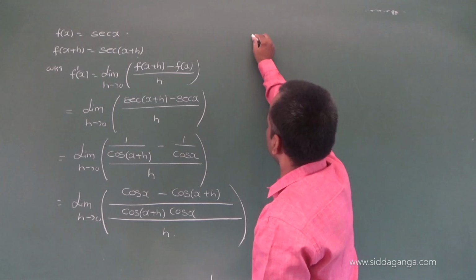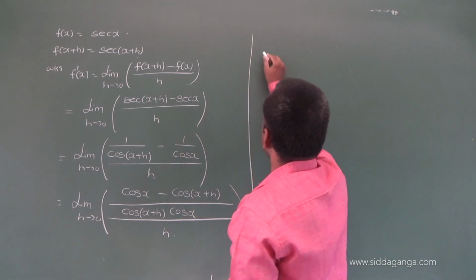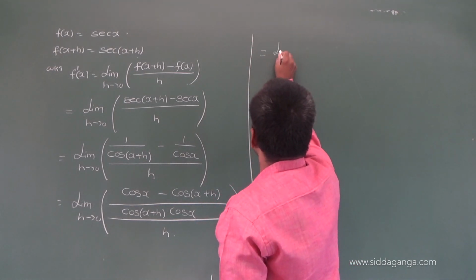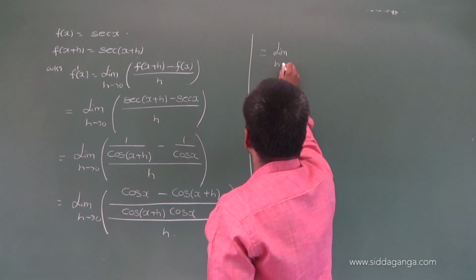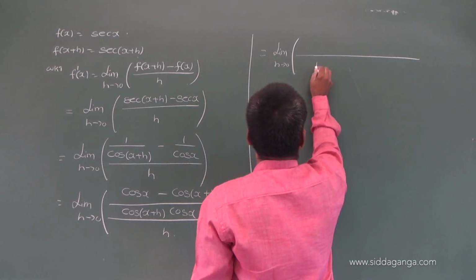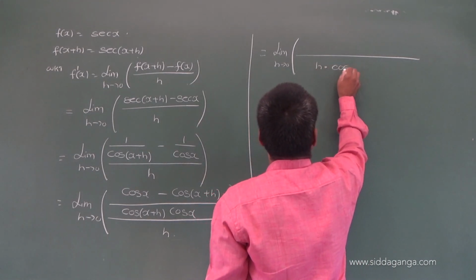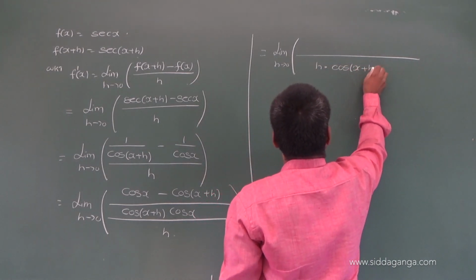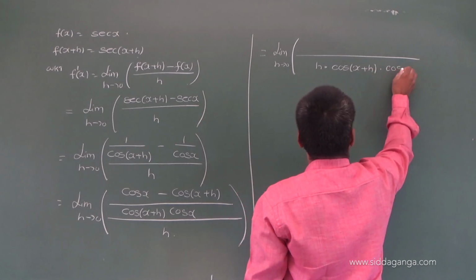So we rewrite once again: limit h tends to 0, h into cos of x plus h into cos x.